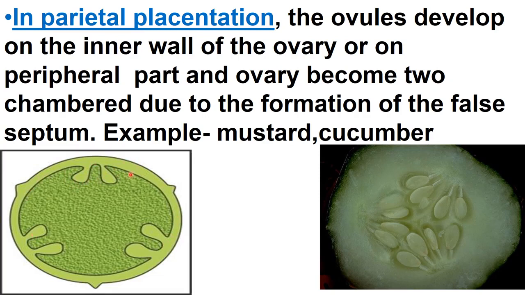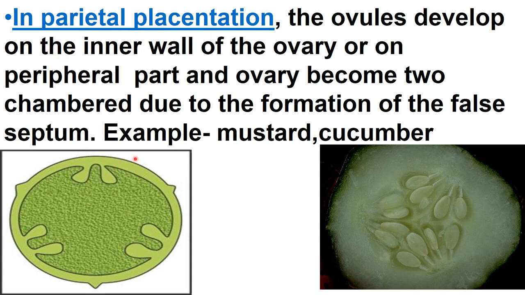This position is called the peripheral position. So ovules are attached at the peripheral position, on the inner wall of the ovary, and because the ovules are present on the periphery, such a placentation is called parietal placentation.